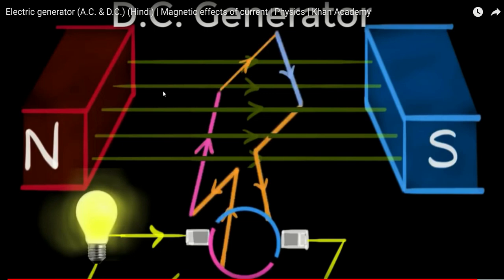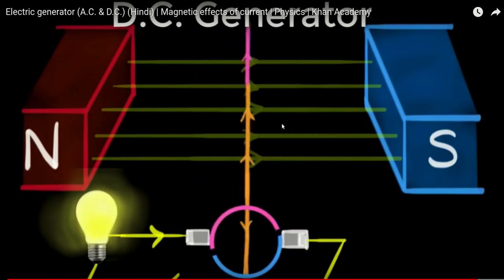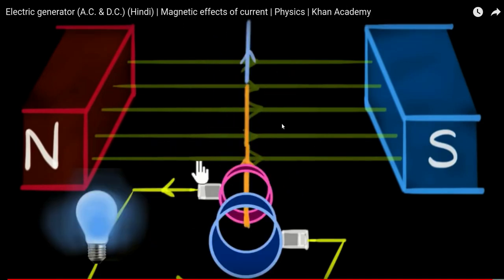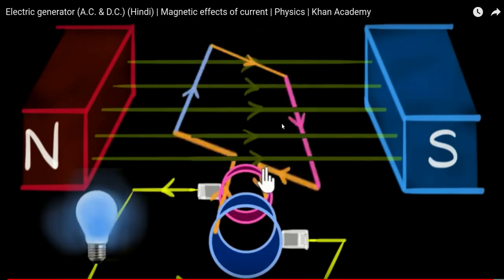In an AC generator, we have the normal rings, which are called slip rings because the brush is slipping on those rings. In this case, we have split rings because there are holes in these rings. It is split, not a continuous ring. This is how a DC generator works, and the earlier one is how an AC generator works.